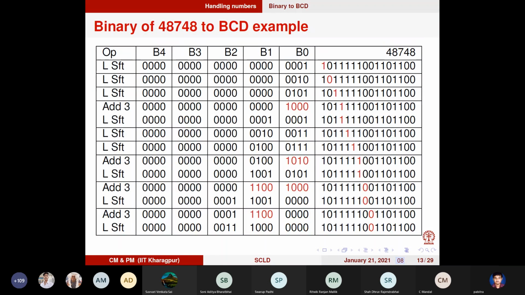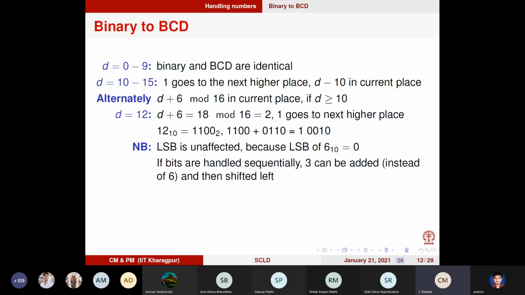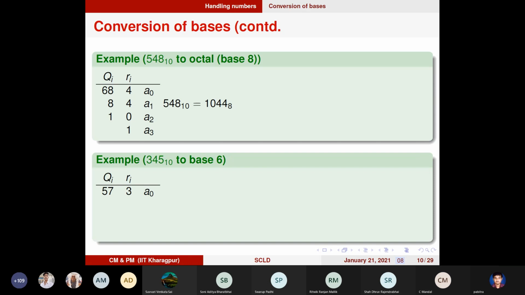So CRM, would you like to quickly complete the CMOS part? Yeah, I was just working. So maybe we can just try to work out that conversion from 548. Yeah, let us work that out. Do you want to share an external link and work it out?